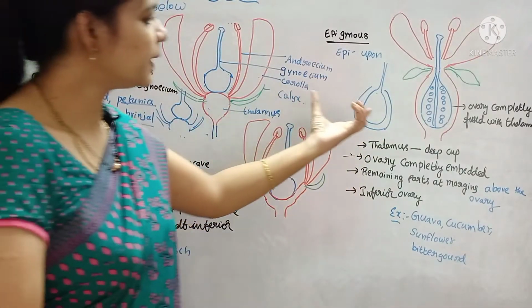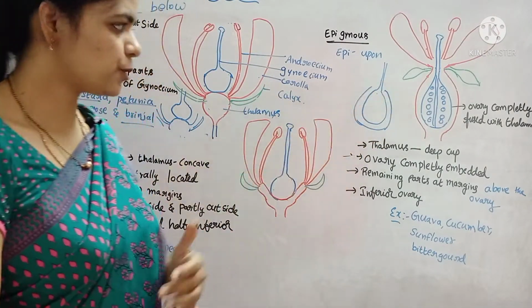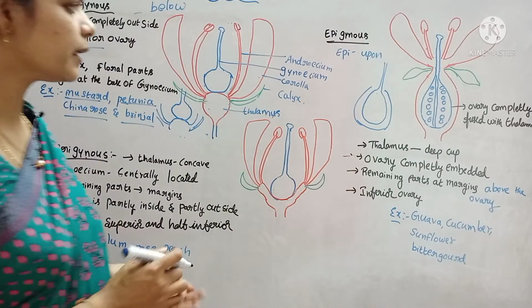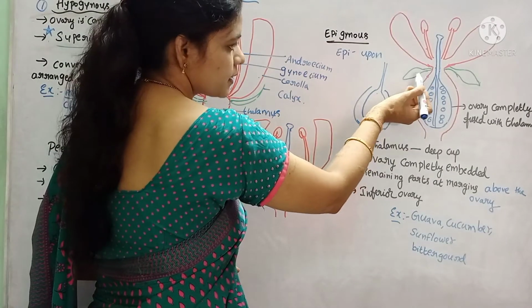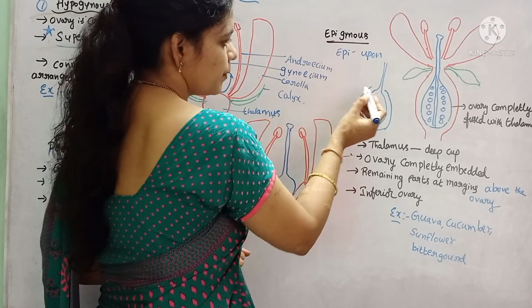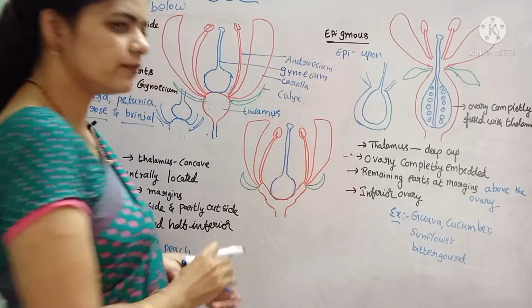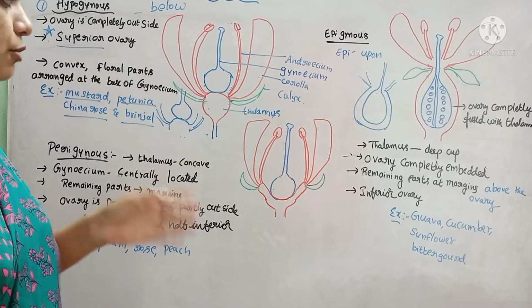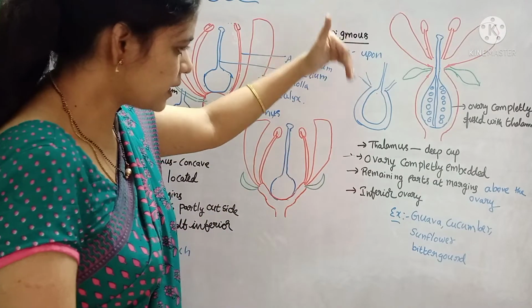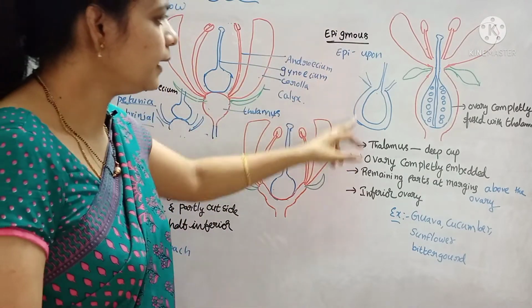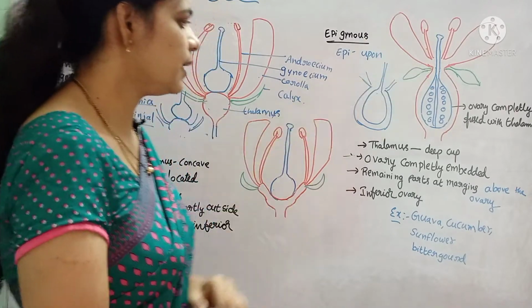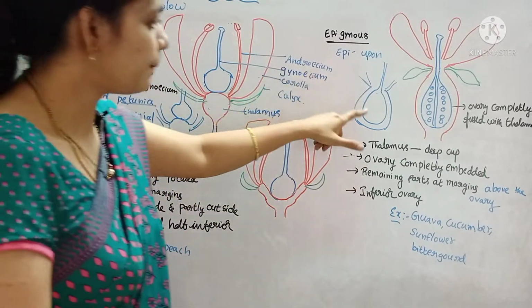The ovary is completely embedded in the deep cup shaped thalamus and the remaining floral parts, see, calyx, corolla and androecium, are all arranged at the margins of the thalamus. Hence, the ovary is completely embedded and the remaining floral parts are arranged at the margins. That means above the ovary.